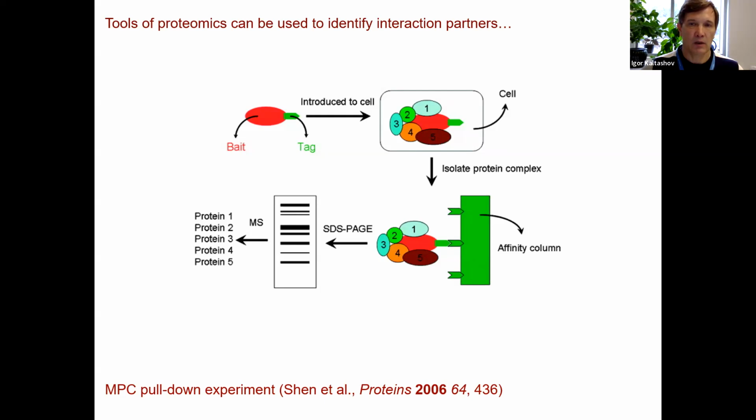And then you would isolate the complex. So 1, 2, 3, 4, and so forth. All these ovals on this diagram indicate various other biopolymers that interact with your bait. And then you use affinity tag to separate this complex on the column. Then you would use standard methods to dissociate all these pieces that are bound to your bait.